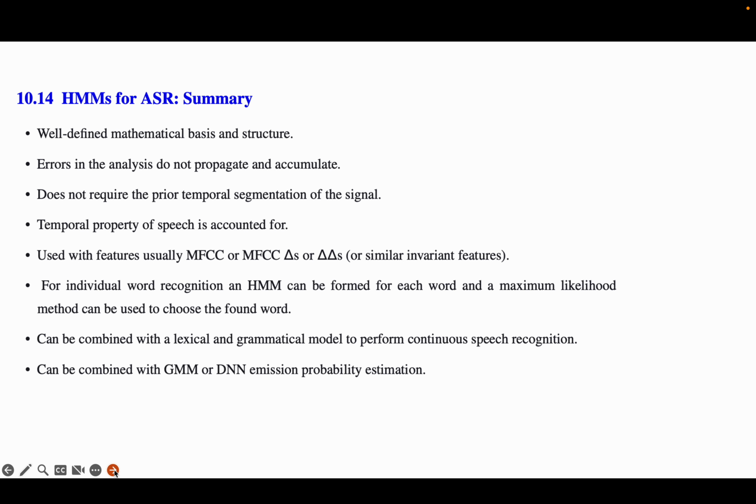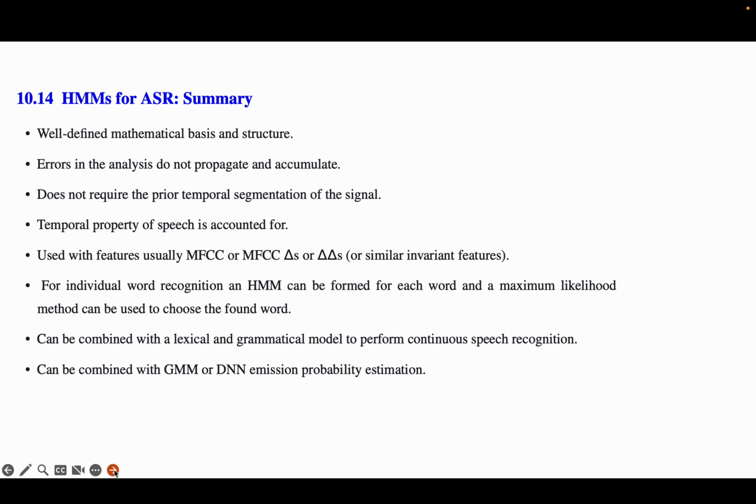If you look at Gaussian mixture models, they were combined with hidden Markov models, and this was the dominant approach prior to deep neural networks, because Gaussian mixture models allow you to be flexible in modeling the emission probabilities of continuous cepstral coefficient features from input audio.